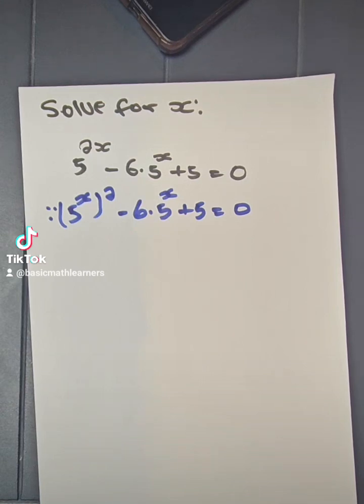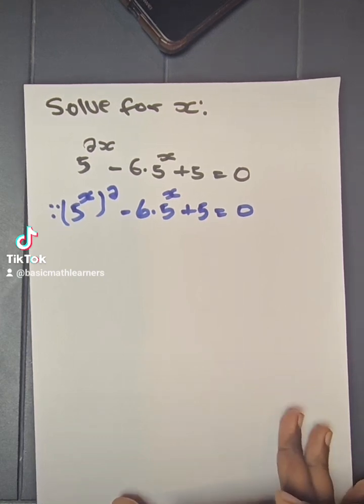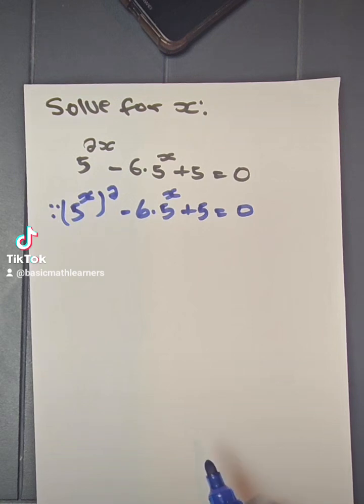Now if you look carefully, we see we have a quadratic equation that you normally know how to work out. And keep in mind, this equation must get two solutions, because that's why we call it a quadratic equation.